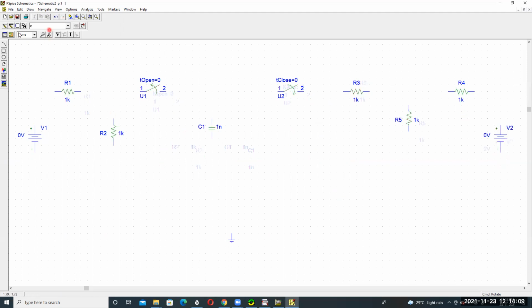Connect the circuit using wire. Like this, connect each and every element in PSpice.